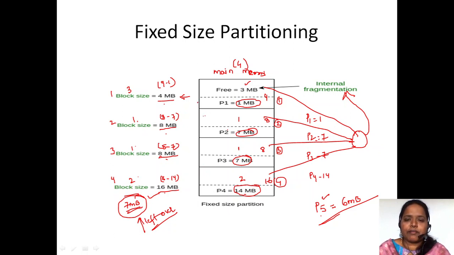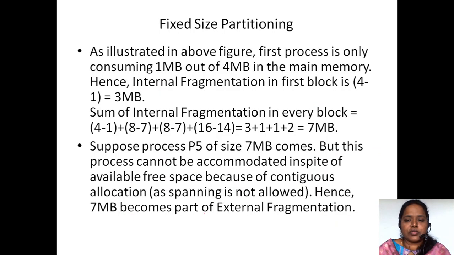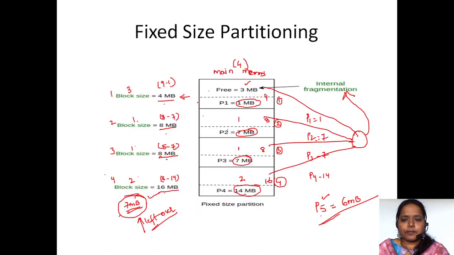So here 1 MB, here 1 MB, 2 MB, like that, it is not contiguous. So even though I am having 7 MB of free space and this P5 needs only 6 MB, I still can't accommodate this P5 process onto the leftover space. Why?